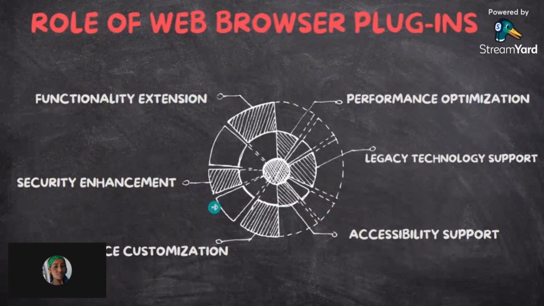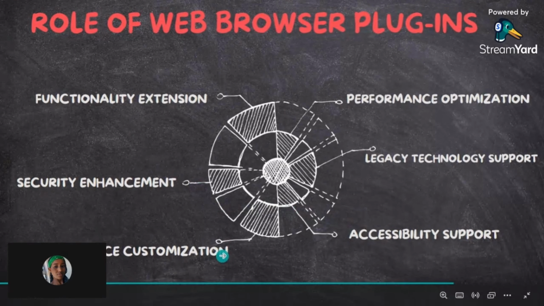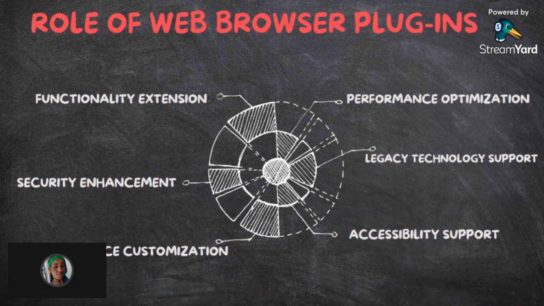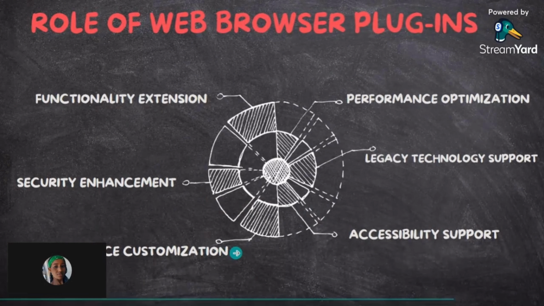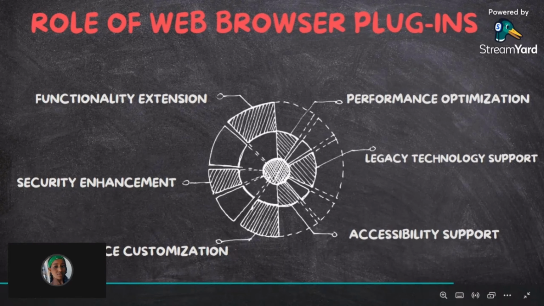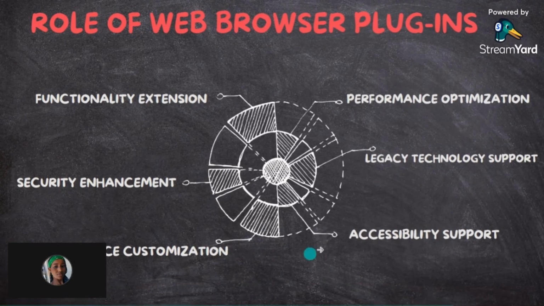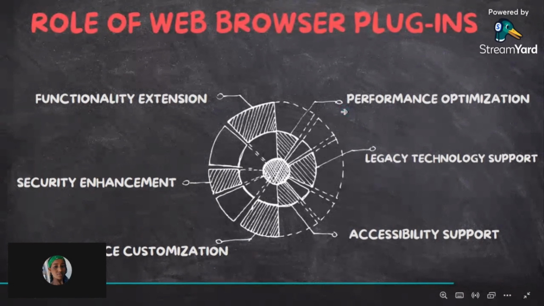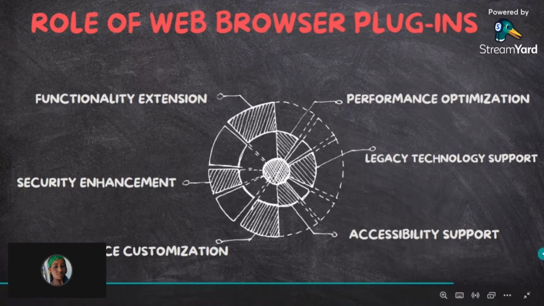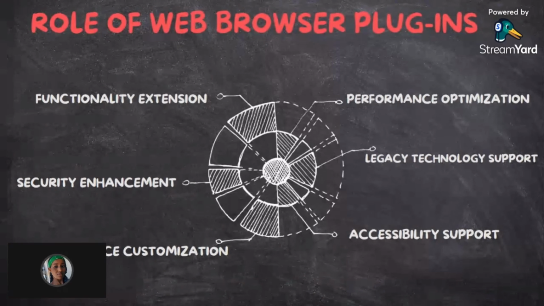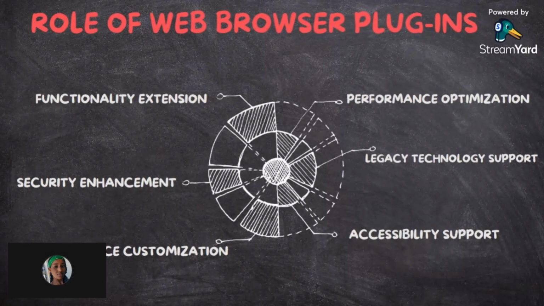Then we have user experience customization, which allows users to tailor browser appearance, enabling dark mode, custom themes, or tab management. And then we also have performance optimization, which allows users to improve page loading and resource usage, beneficial for users on slower networks.